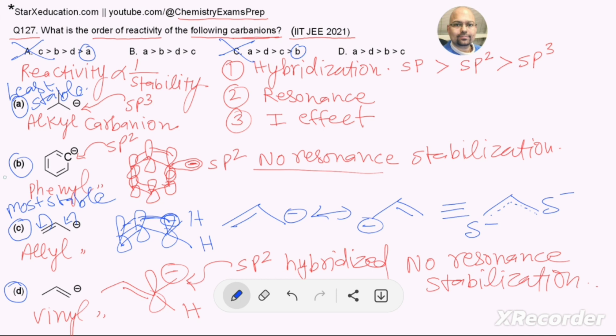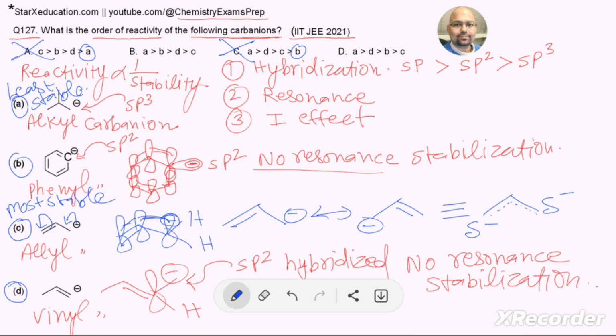Out of vinyl and phenyl, which species would be more stable? If you see the pKa tables given by Evans, then you will see that phenyl carbanion is the more stable conjugate base of benzene acid. Therefore, the phenyl carbanion is more stable.